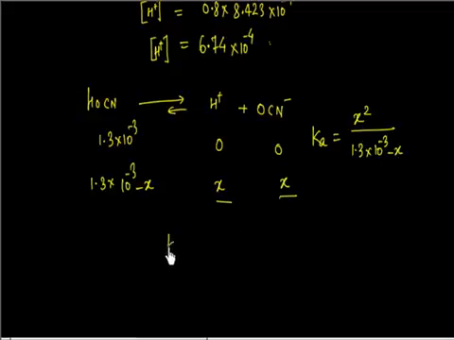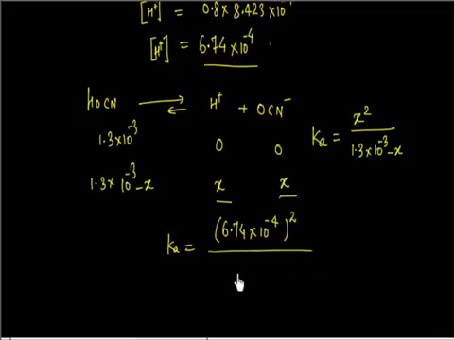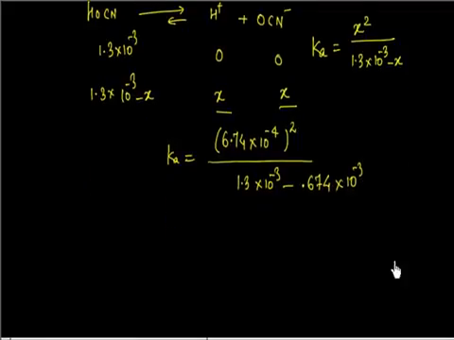Are you getting it? So what is K? K is x squared, where x is 6.74 into 10 to the power minus 4, raised to the power 2, divided by 1.3 into 10 to the power minus 3 minus x. Let us write x in 10 to the power minus 3, so 0.674 into 10 to the power minus 3. Now I can calculate the K value from here.